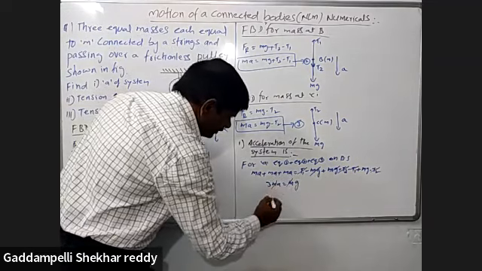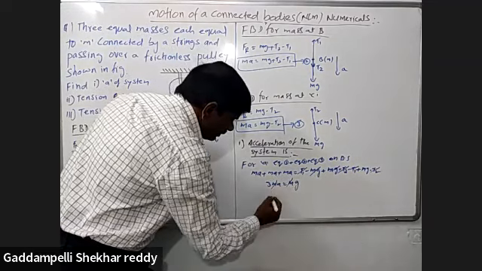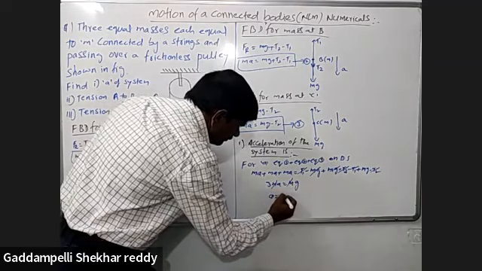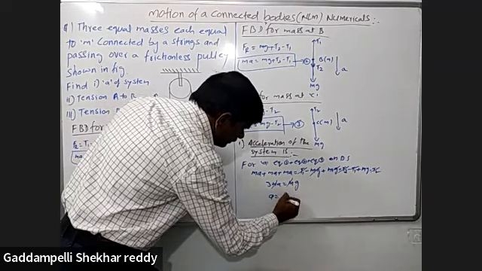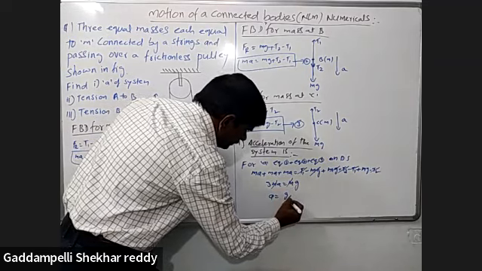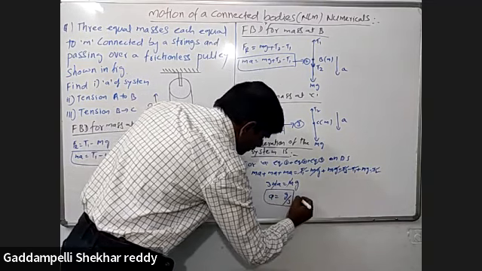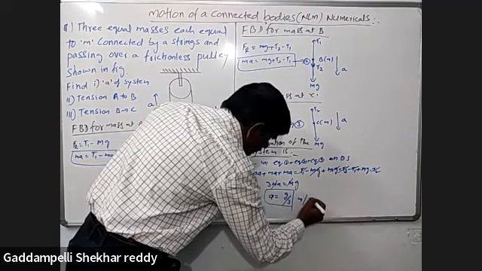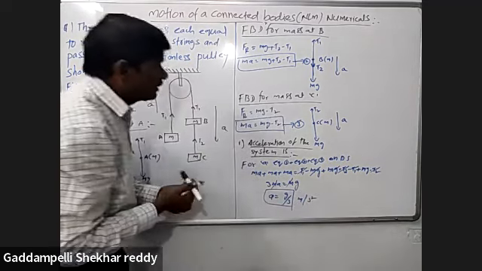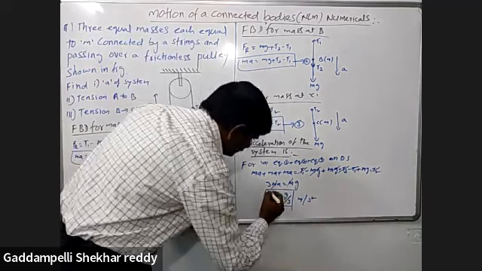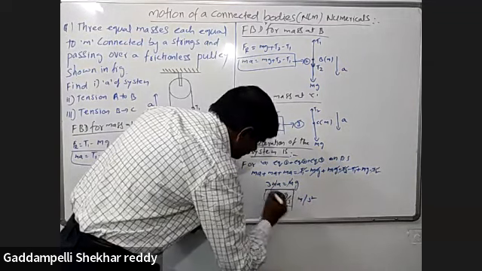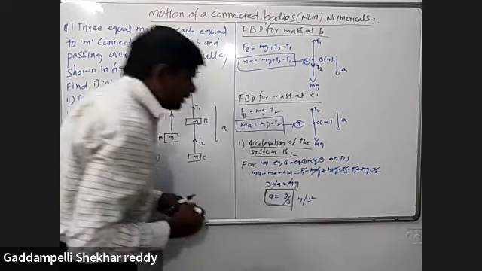Here m and m get cancelled. That means 3a is equal to g, so a is equal to g by 3 meter per second square. This is the acceleration of the system.